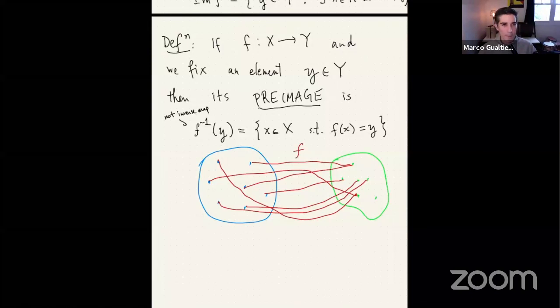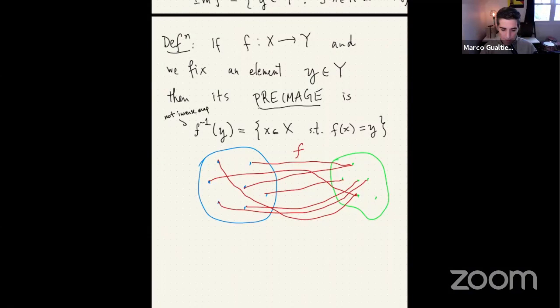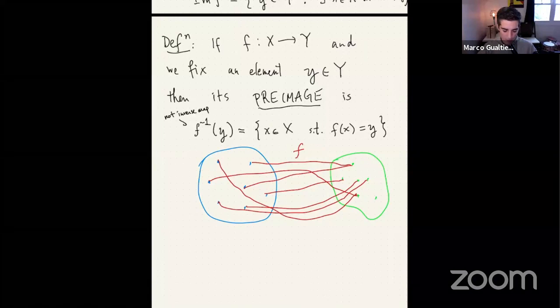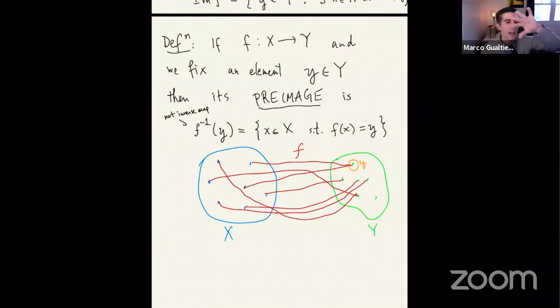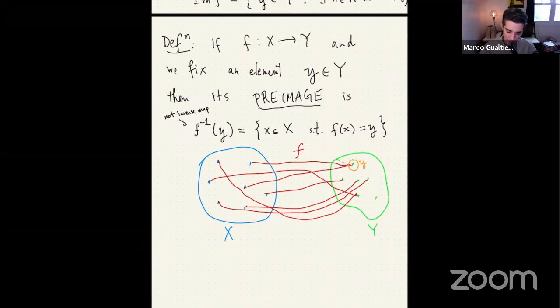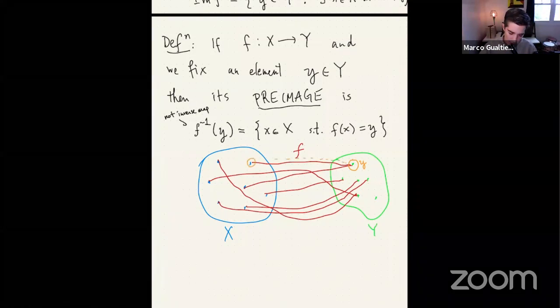I defined it on every member of the domain, so I'm done defining the map. Let me give these names. This is X and this is Y. Okay, and if I fix a specific element y, then the pre-image means that I have to trace the history of that element. I have to go backwards, and I need to follow what the map did and which elements were sent to that element.